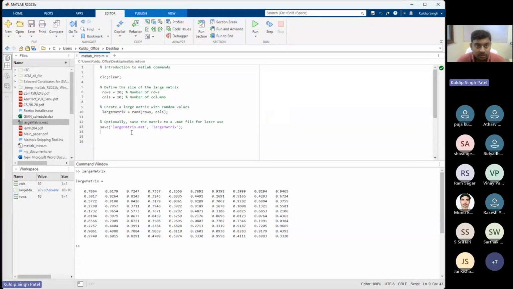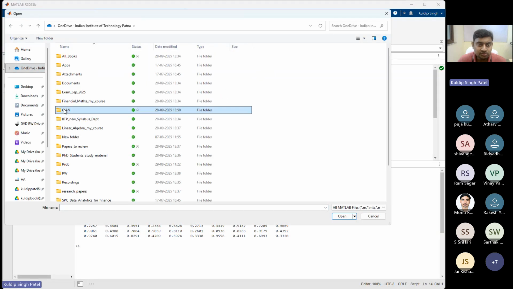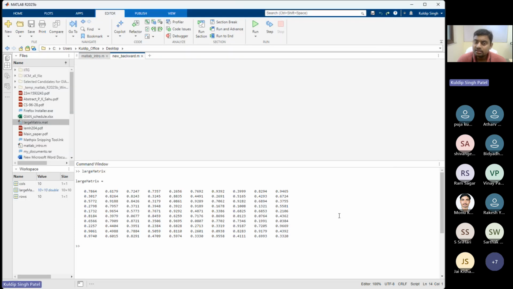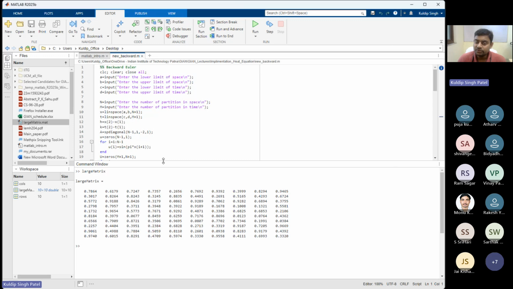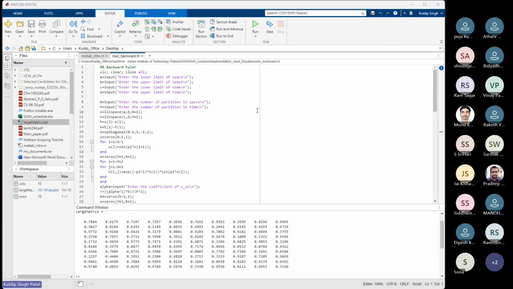So we are going to work on the backward Euler method for the heat equation. And I will share this file with all of you participants so that you can understand it later also. You can work with it, you can play with it. Agree?